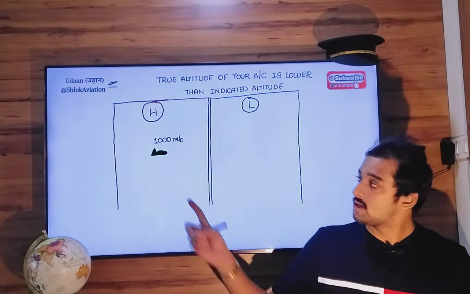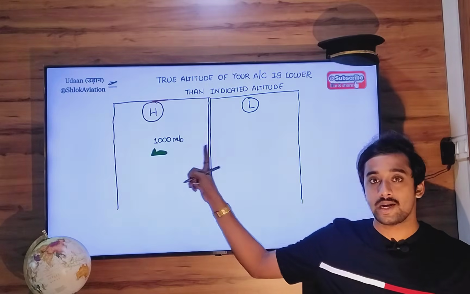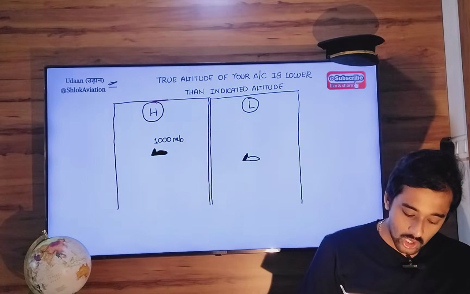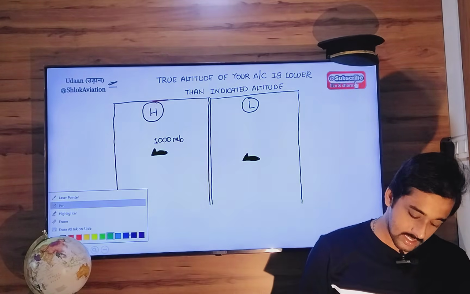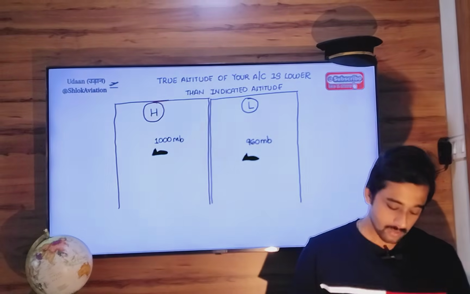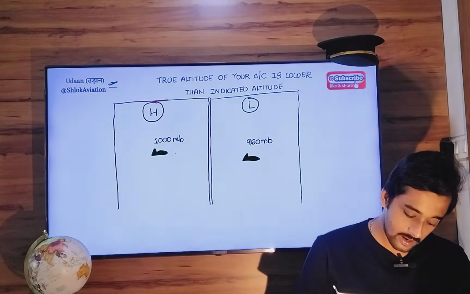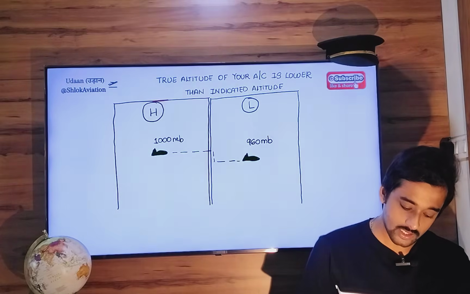So that means in high pressure area you are flying at this level. When you enter low pressure area, you will be somewhere lower than that level. Somewhere here, 960 millibar. Okay. So the difference between these two levels, we have to calculate.